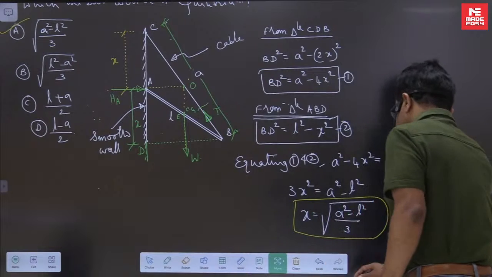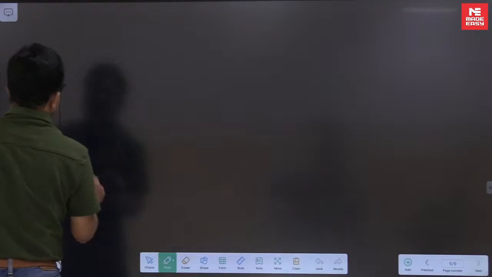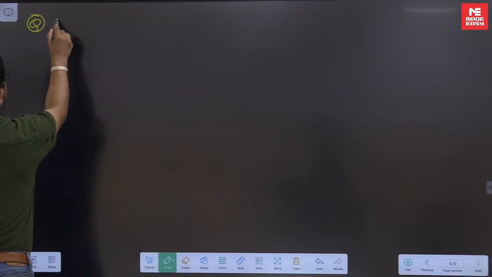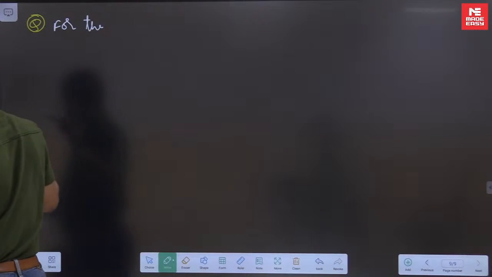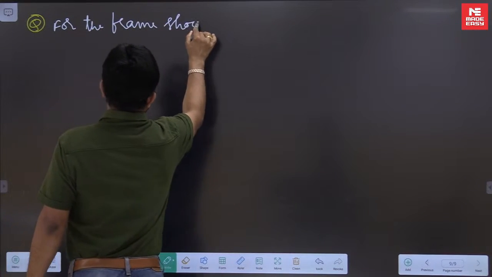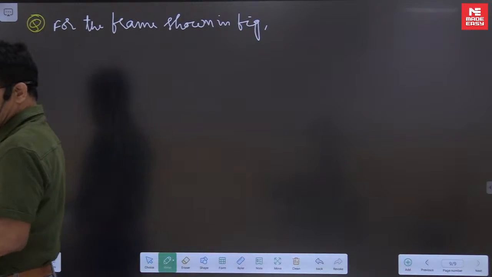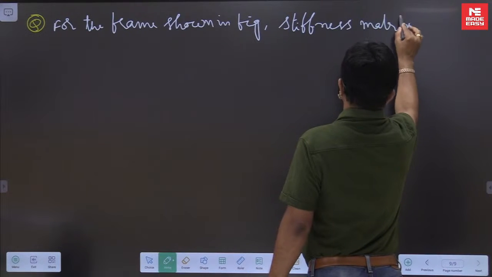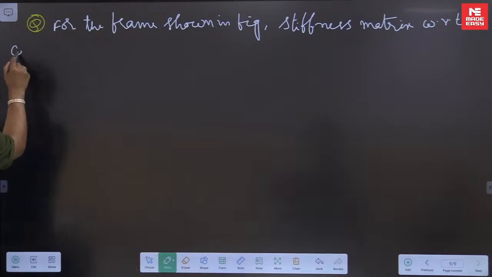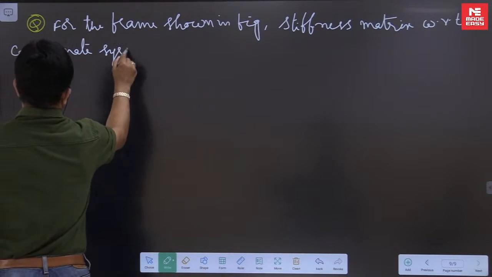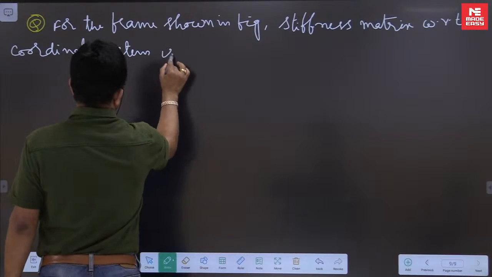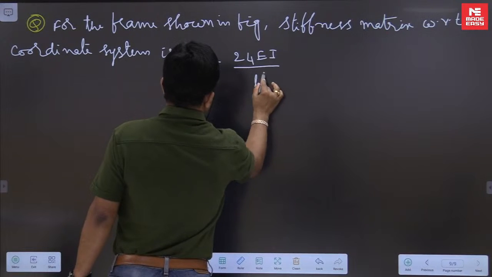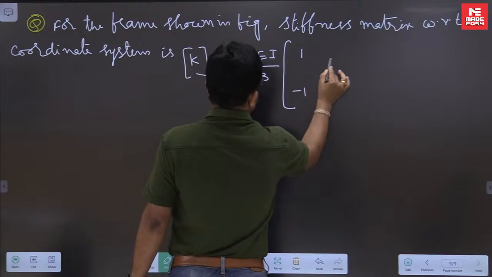Okay, next question we'll see. On the stiffness matrix method, for the frame shown in figure, the stiffness matrix with respect to the coordinate system is, to save our time, they will give us the stiffness matrix: 24 EI by L cube, [1 -1; -1 2].